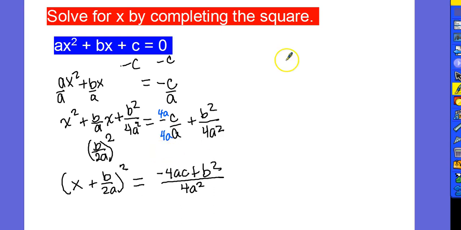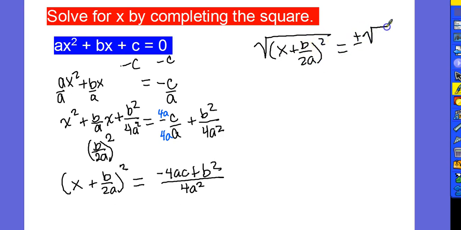Are you ready? Next thing we'll do, now that we've done our factoring and combining like terms, is square root. Right, that's the next step. And we should definitely square root our numerator and denominator separately. And I also feel like I want to really rearrange my numerator so that I don't lead with the negative 4ac.